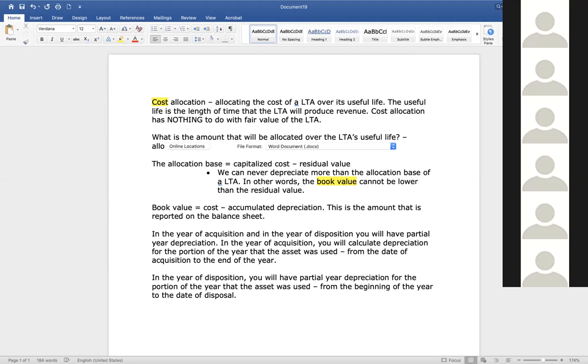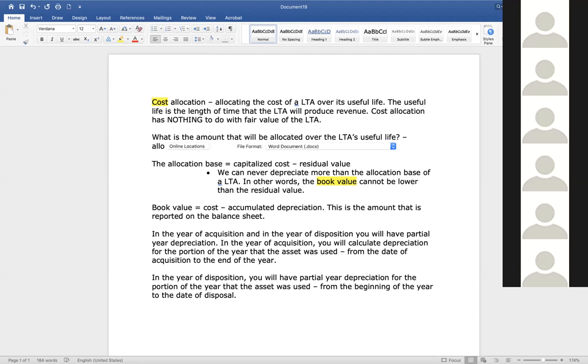So the book value cannot be below the residual value. In other words, accumulated depreciation cannot be more than the allocation base. The allocation base is 210,000. They had purchased the asset for 250,000 and expected the residual value would be 40,000, so the depreciable base was 210,000.